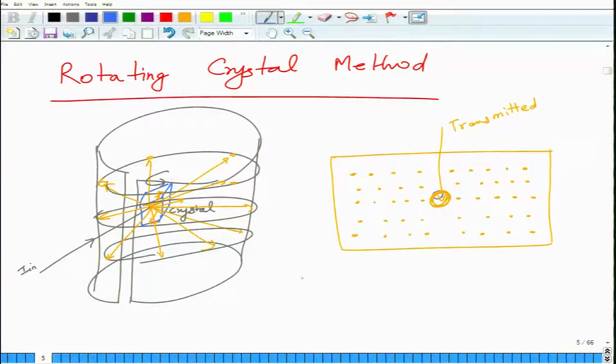So, this uses monochromatic radiation, used for single crystals.